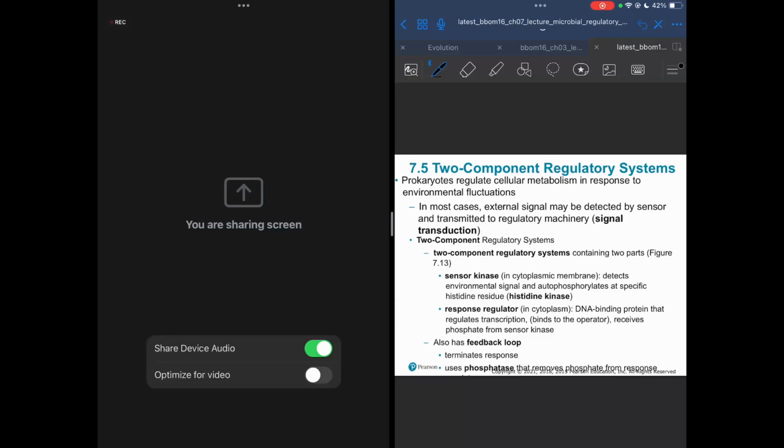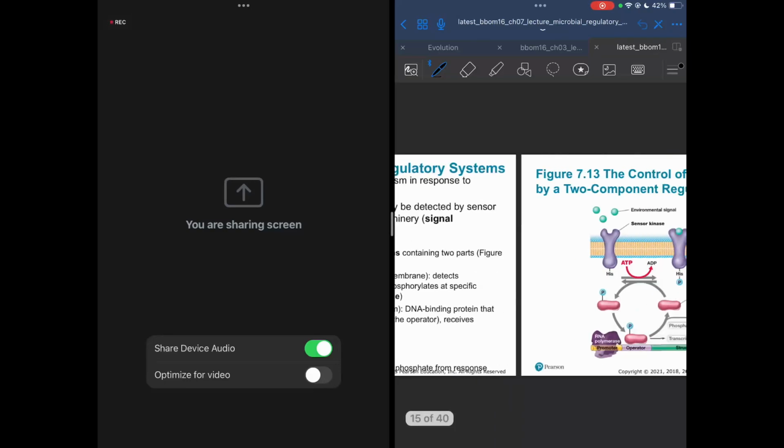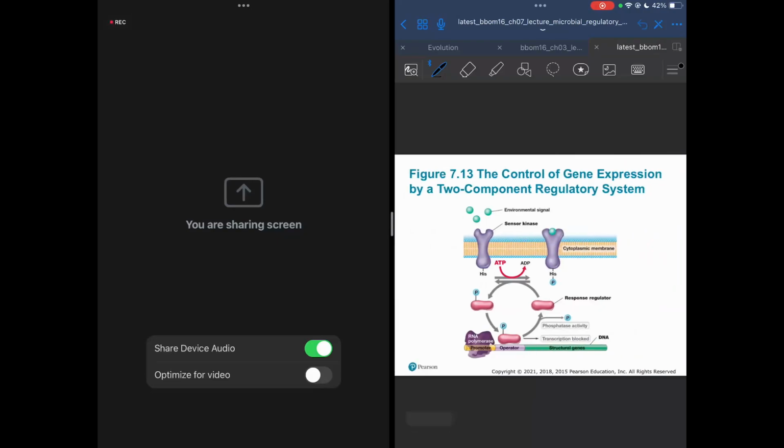Response regulators, which are found in the cytoplasm, are DNA binding proteins that regulate transcription and receive phosphate from the sensor kinase. There is also a feedback loop, which terminates responses, using a phosphatase that removes phosphates from the response regulator. And this is an image of the control of gene expression by a two-component regulatory system.